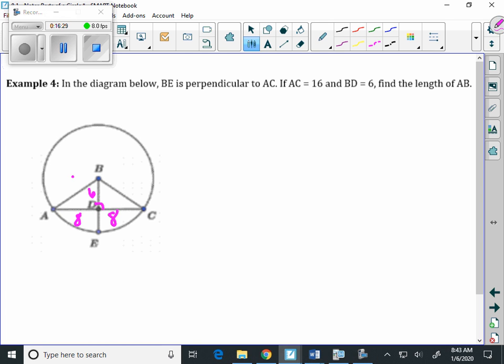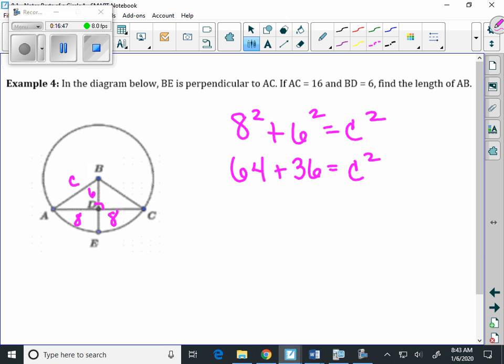It's going to be the same idea here. We've got a right angle, and we've got a right triangle, in fact. And what we can say is, 8 squared plus 6 squared equals C squared, which is 64 plus 36 equals C squared.